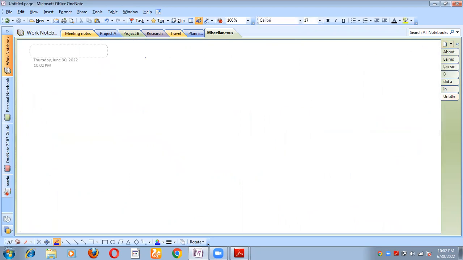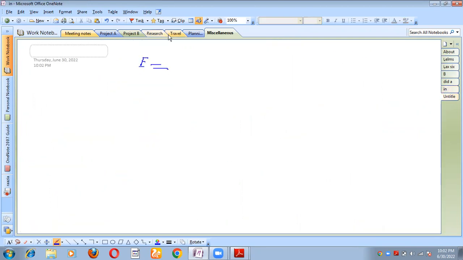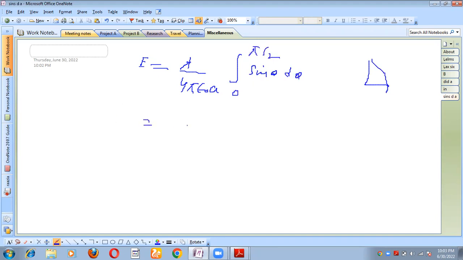If you see, the electric field we have calculated was 1 by 4 pi epsilon naught lambda by A sin theta d theta. So for the quarter circle, theta will vary from 0 to pi by 2. So we'll get the electric field as 1 by 4 pi epsilon naught lambda by A.